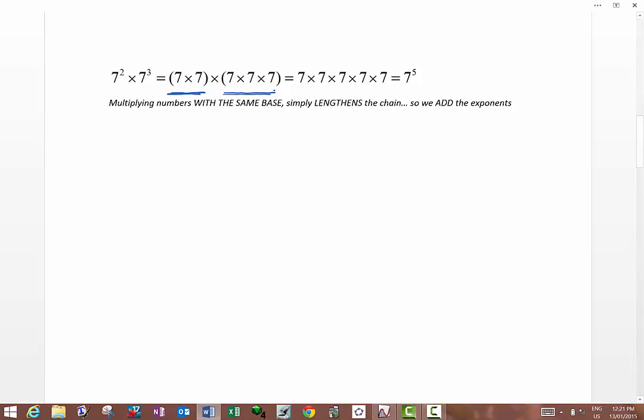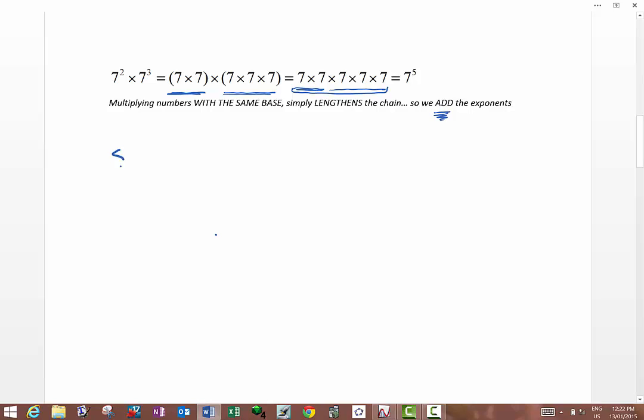So realistically, we have 7 times 7 times 7 times 7 times 7. Altogether, we have 7 multiplied by itself 5 times. So what this has effectively done is lengthen the chain from the initial 2 and added another 3 to it. So all we do is add the exponents.